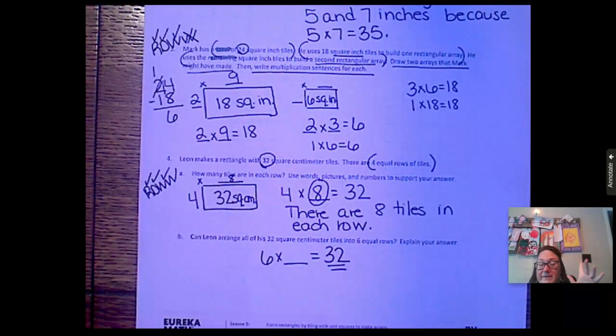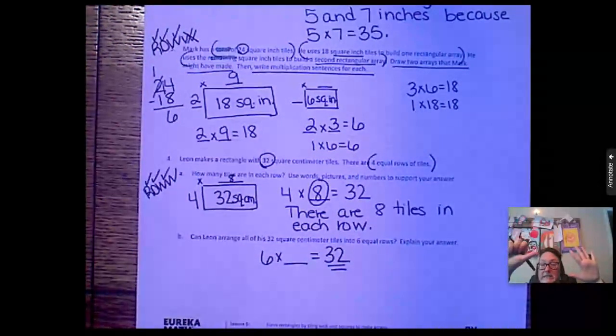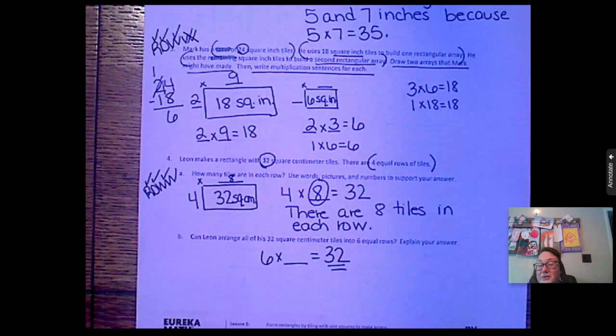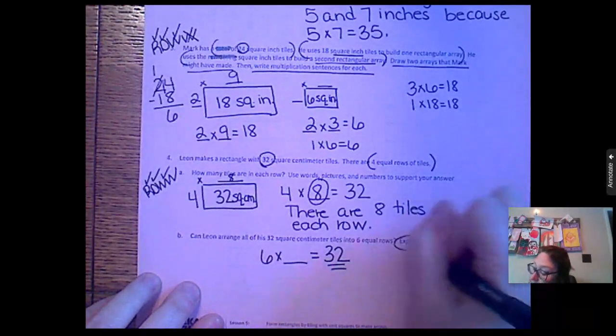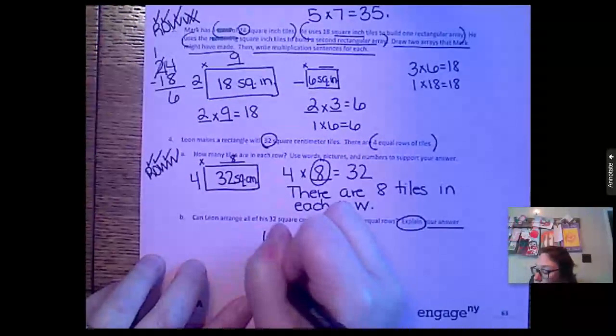So let's get your counting fingers ready and count by 6. Here we go. 6, 12, 18, 24, 30, 36. So we skipped right over 32. So is it possible to have 6 rows and have an area of 32? No, right? So can he do it? Explain your answer. We need words.